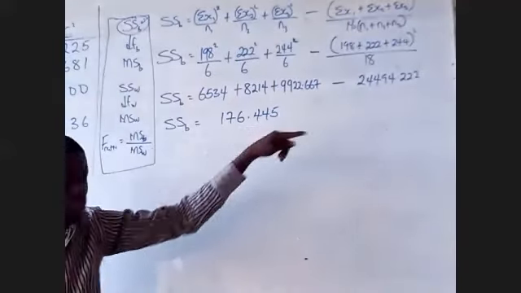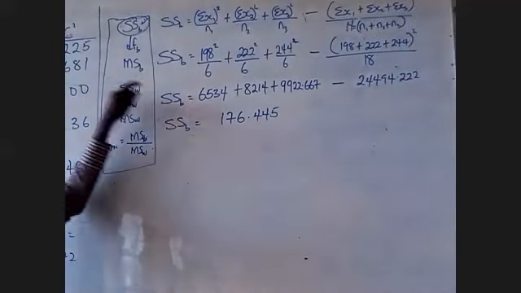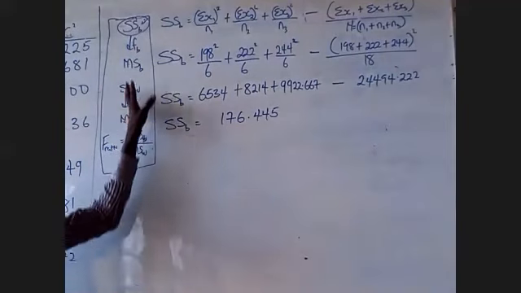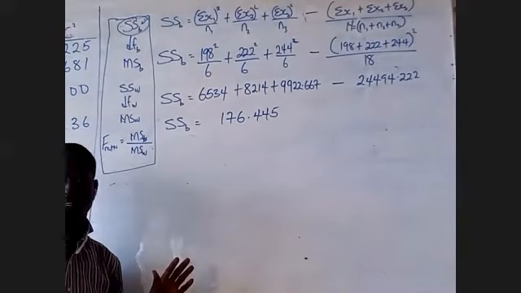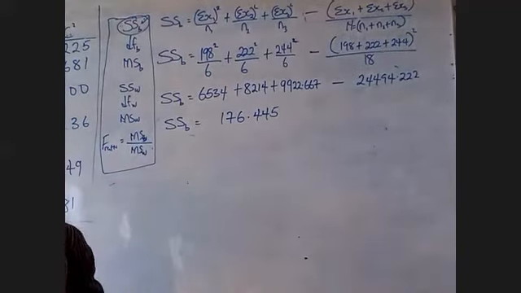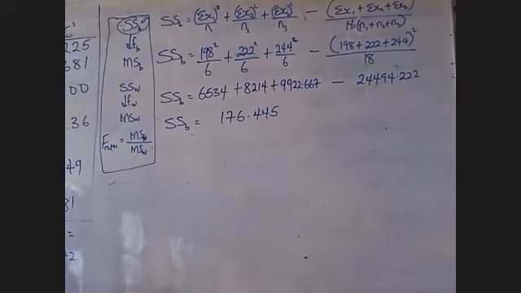DFB has its own, MSB has its own, SSW has its own. They all have individual formulas. But your table is just going to contain this thing: A squared, B squared, C squared. That is all.